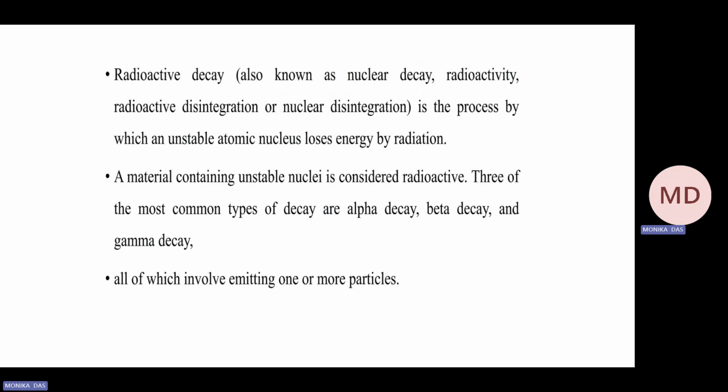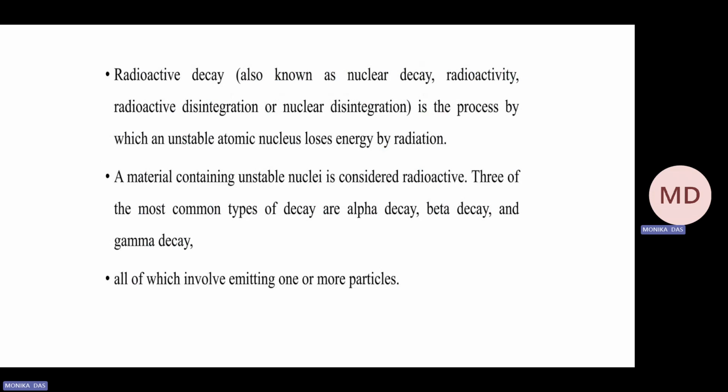So this radiation is used as an application in the pharmaceutical industry. A material containing unstable nuclei is considered radioactive. Three of the most common types of decay are alpha decay, beta decay, and gamma decay.